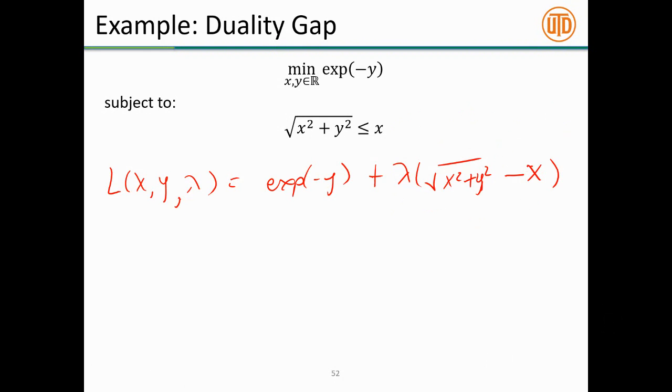So I can ask the same thing. What is g of lambda? What is the dual function in this case?